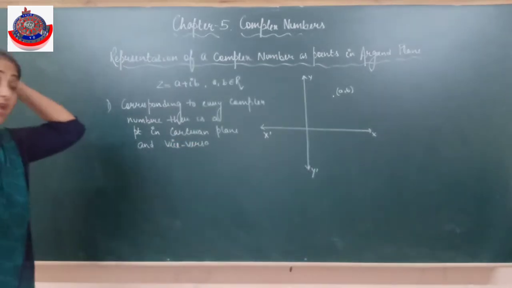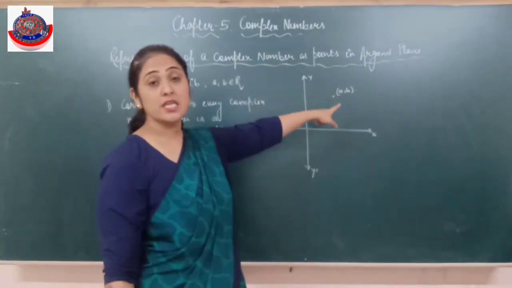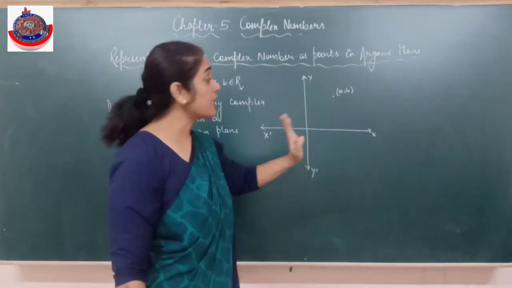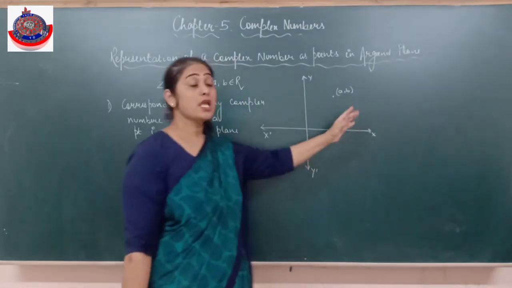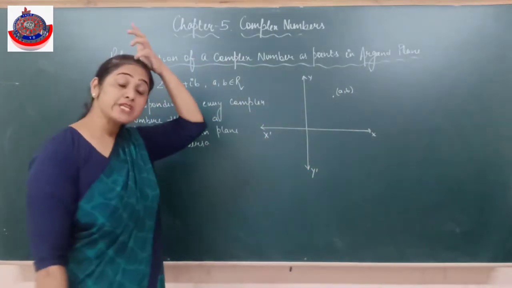That means corresponding to every complex number, there is a point in Cartesian plane, that is AB, and corresponding to every point in Cartesian plane, there is an associated complex number.